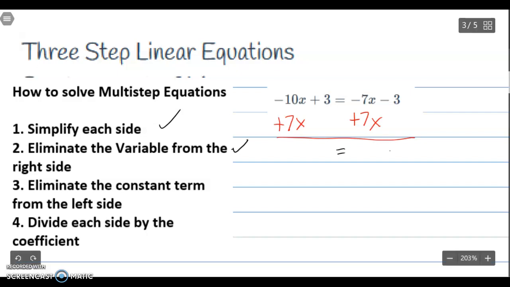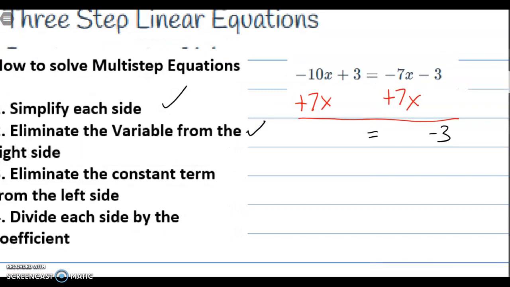And we'll bring down this negative 3. I'm going to zoom in here. And then negative 10 plus 7x, different signs, find the difference, you get 3x. And since the 10 is bigger, it's going to be a negative 3x, and I'm going to bring down this positive 3. Okay, so that's that step.